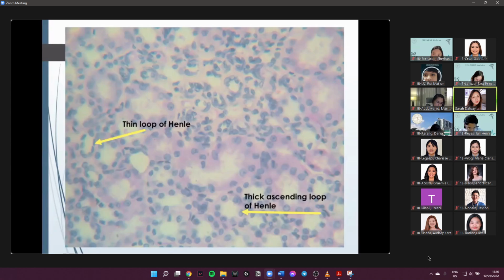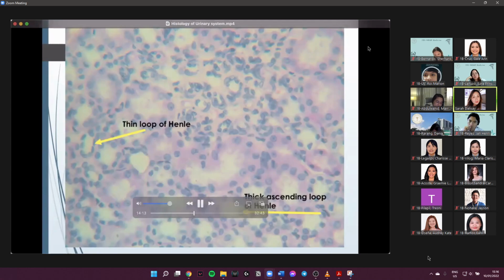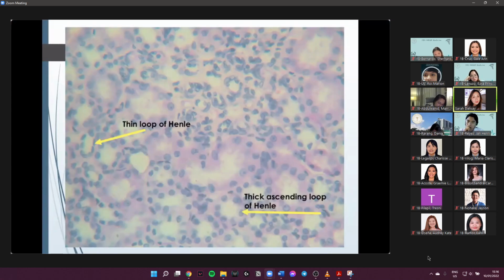Now, you might have to consider that since the descending loop just came from the proximal convoluted tubule, therefore they usually have the same features. So like this one here, look at that. Then you have your big cuboidal cells with your obvious brush border.